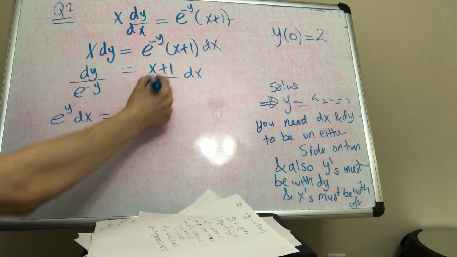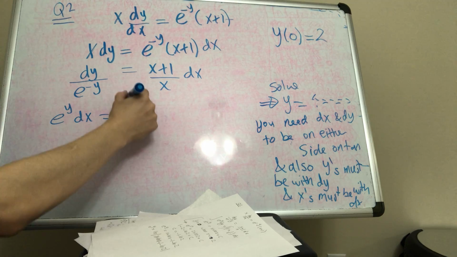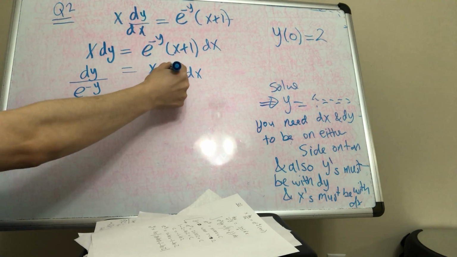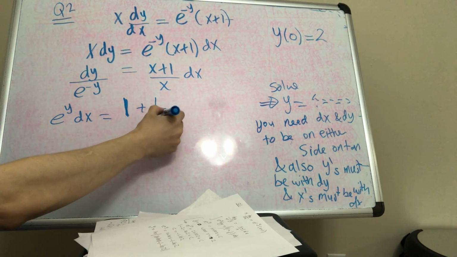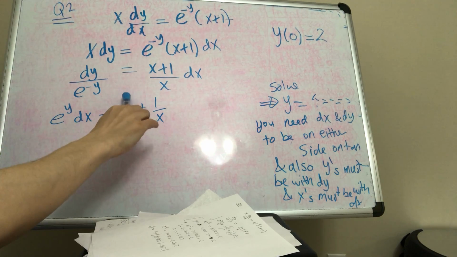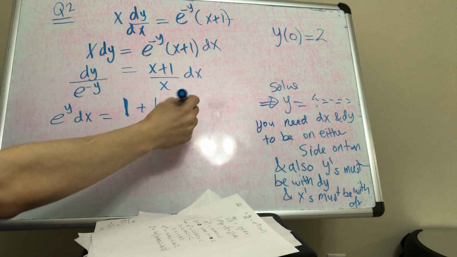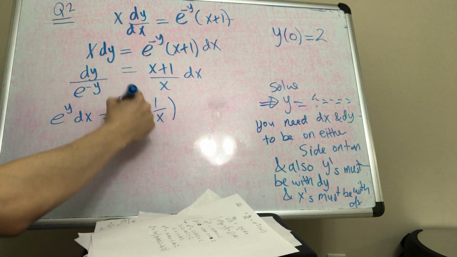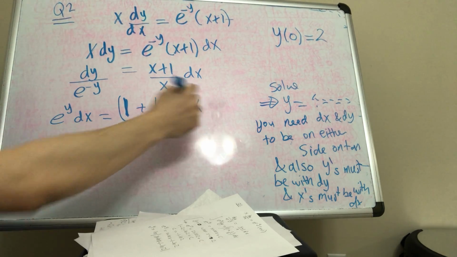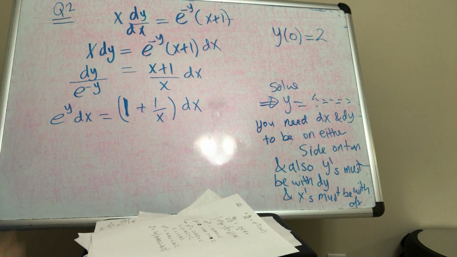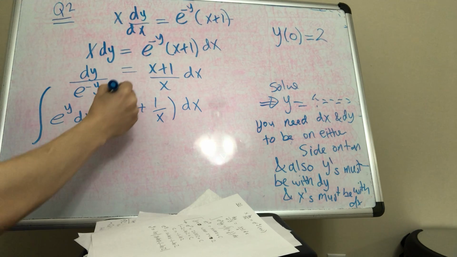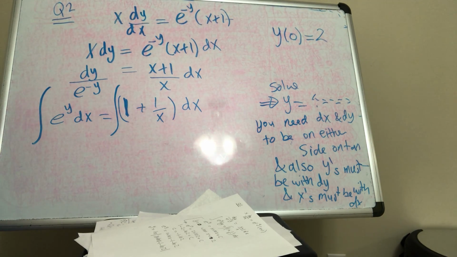So I can go x over x, that's 1, and 1 plus 1 over x. So x over x is 1, and 1 over x, and all of this dx. So after you simplify, you can integrate both sides of the equation.